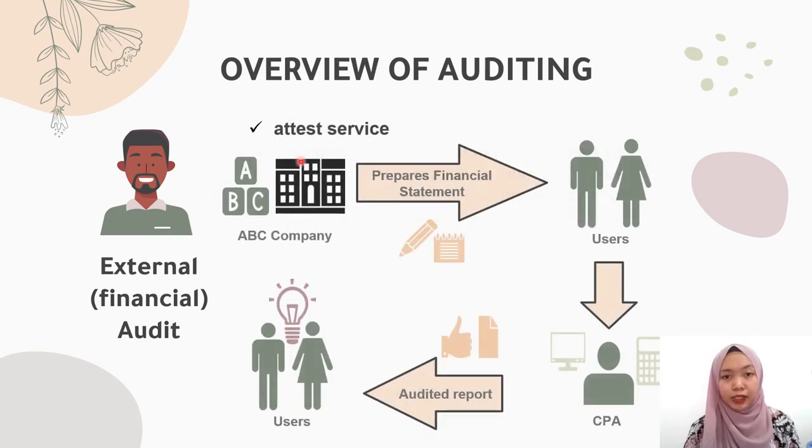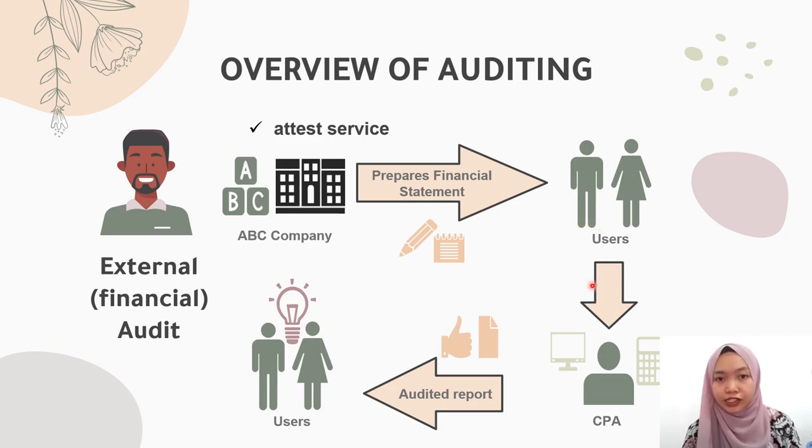Now let's say ABC Corporation prepares annual financial statements for its investors, creditors, the government, and other users. Then these users have doubts as to whether the statements will meet their need for fairly stated information.